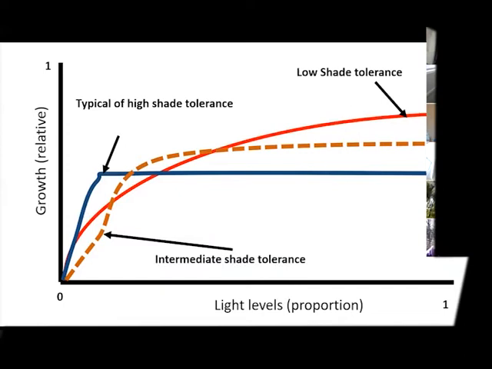Now, both things exist in nature simultaneously, shade tolerance and low shade tolerance, because nature is really heterogeneous, it's really messy. There are plenty of closed canopy stands where it is advantageous to have shade tolerance so that individual trees can develop in the understory. And then lastly, there's also this intermediate case. That's true too. And there are all kinds of different relationships that happen here.